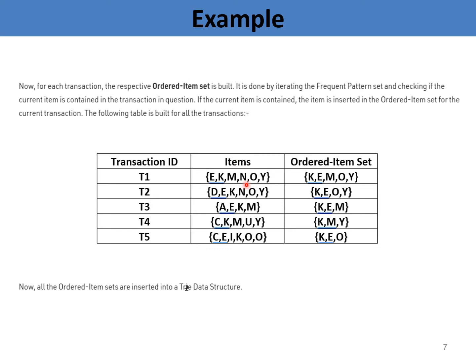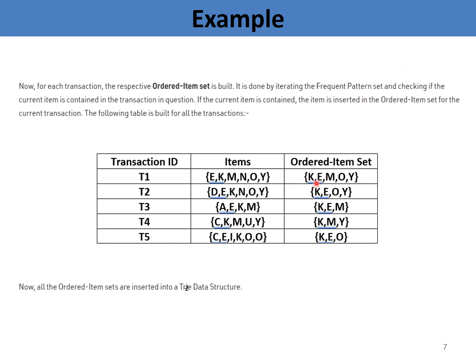The first item in the list, sorted in descending order, is K. So we have to search whether K is present or not. We have to maintain the same order as given in the frequent pattern set.